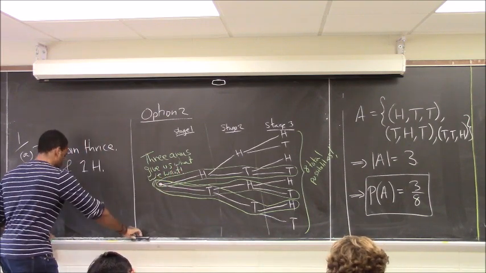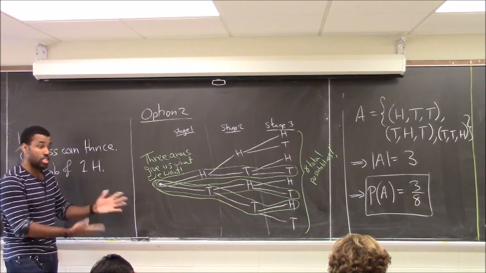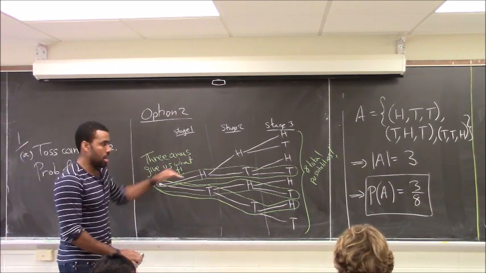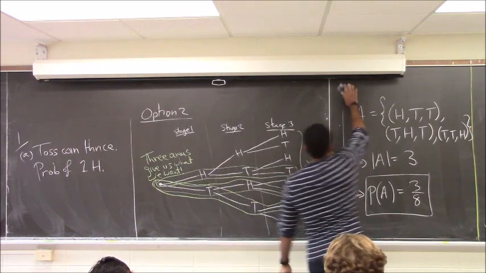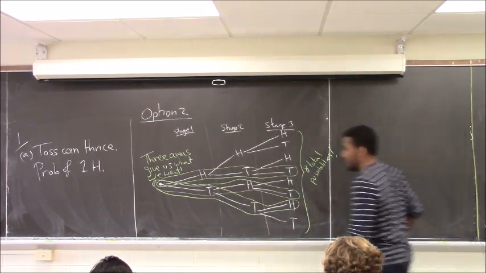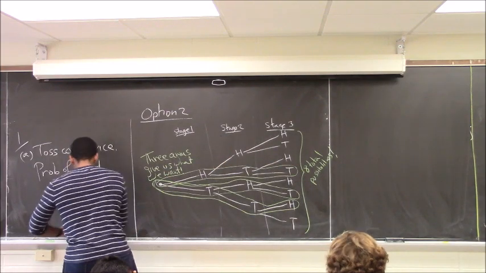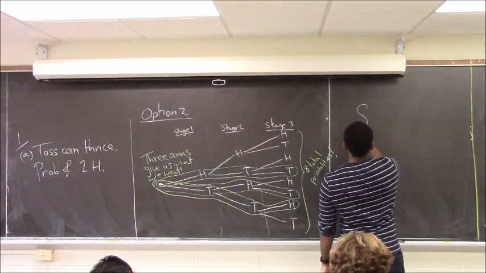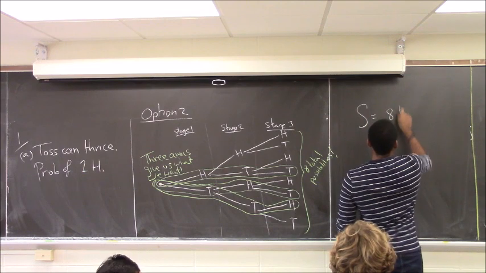So I can conceive of my sample space as a tree diagram, and then I'm just counting the branches that have what I want. So we have S is the 8 branches.